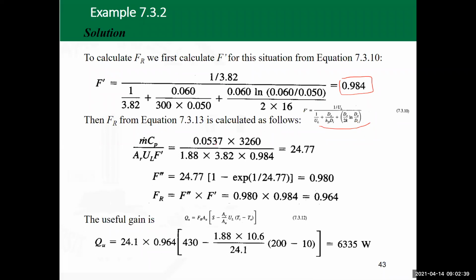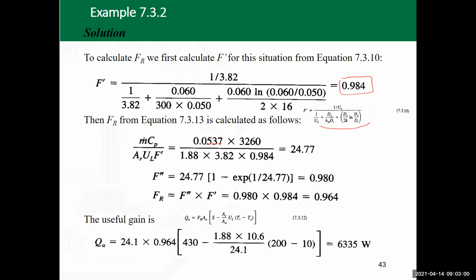Then the number of transfer units expression, which is needed for the calculation of F double dash, is given here. m dot is 0.0537, it is given. C_p of the fluid is 3260 joules per kilogram Kelvin.